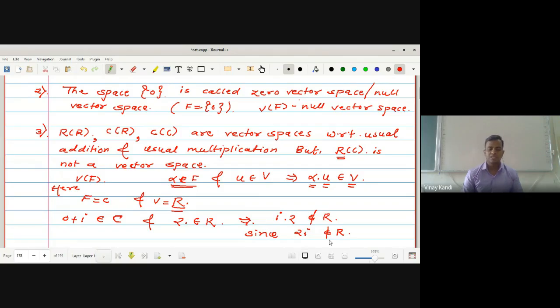So here the scalar multiplication law fails. Hence, R over C is not a vector space. Any doubt?